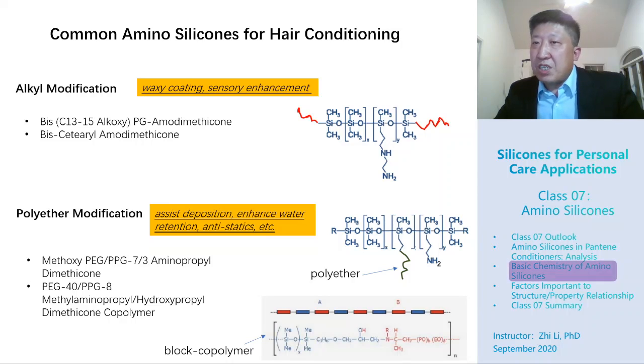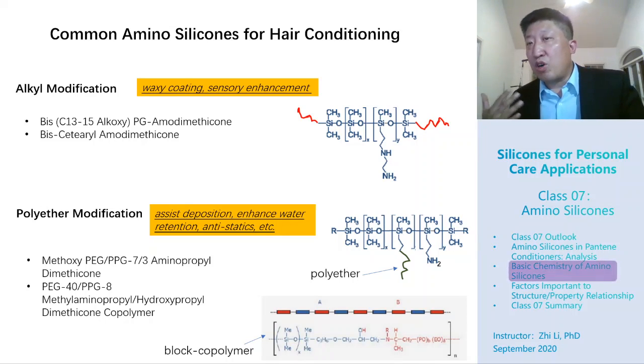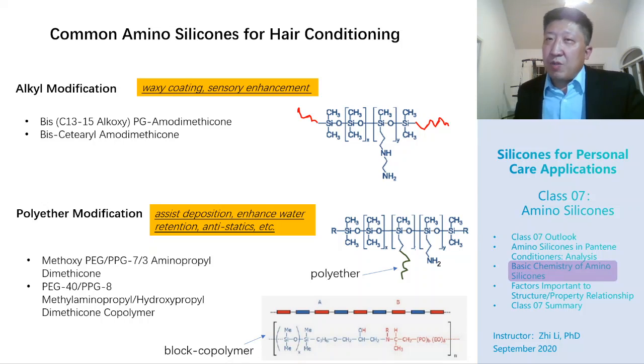They tend to coat or deposit on non-treated hair. They have more preference to do that than on damaged hair, because non-damaged hair has lower surface energy, the keratin structure is more intact, etc.